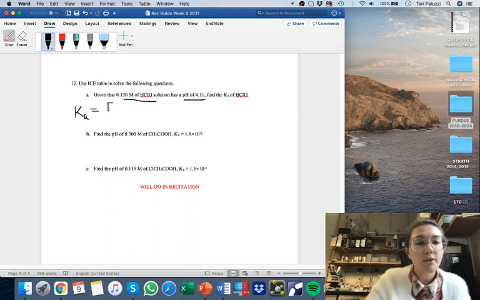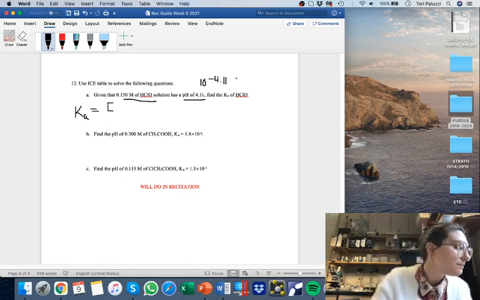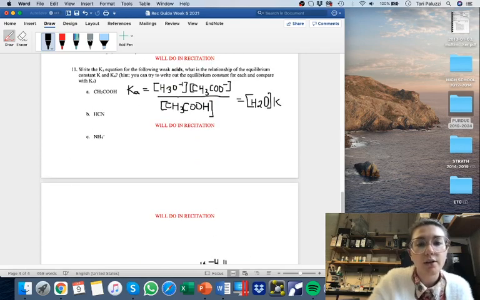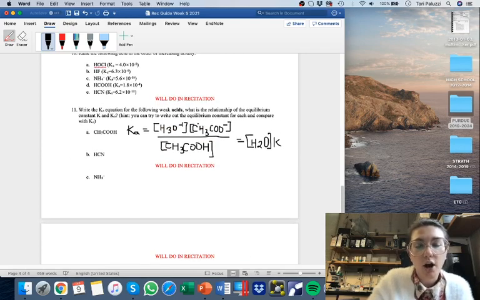So Ka will equal 10 to the negative pH, 4.11, to give us our hydronium ion concentration, which will also give us our ClO minus concentration, which you get 7.76 times 10 to the negative 5. And again, because that is not only the concentration of our hydronium ion, it is also the concentration of our conjugate base.